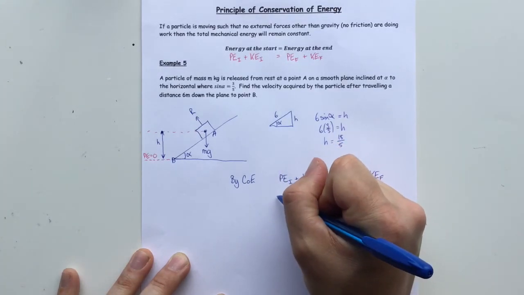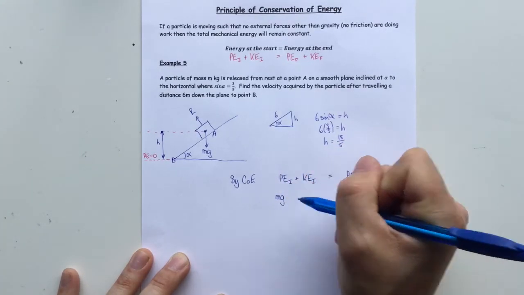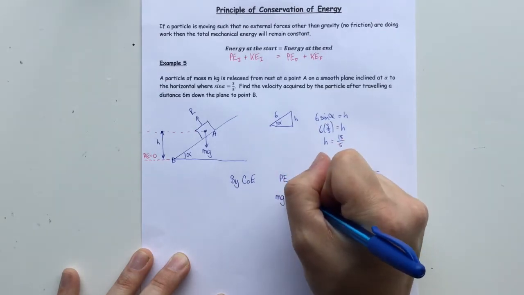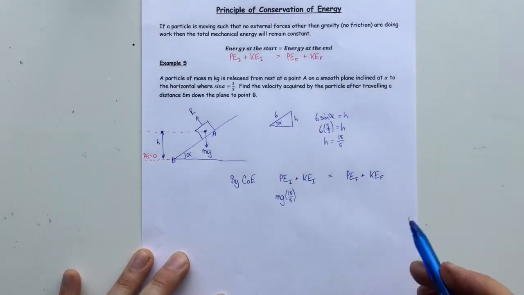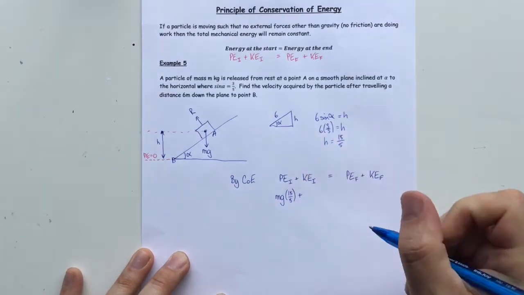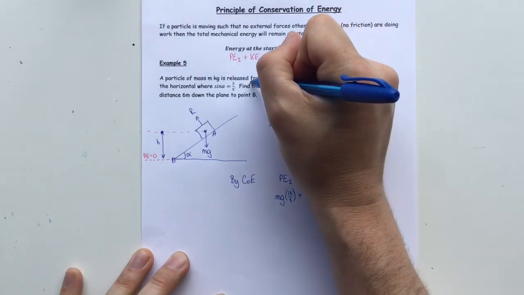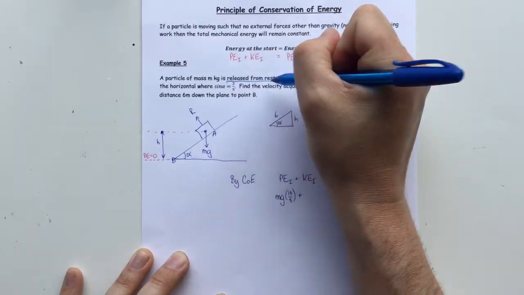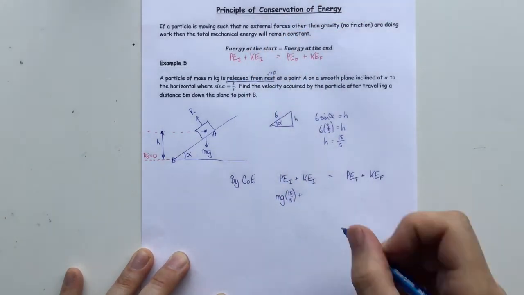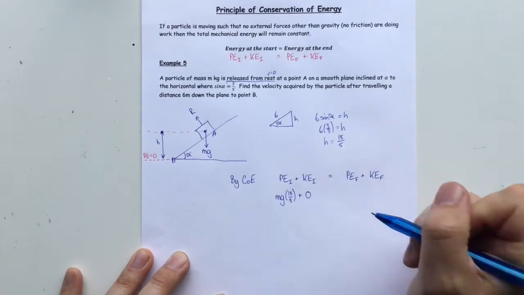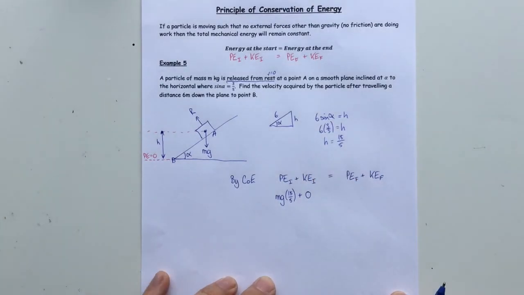So the mass is m, g we're going to put as g, h we now know is 18/5. The initial kinetic energy, a half mv squared, well, we're told that it's released from rest. In other words, its initial velocity was 0, and that means that its initial kinetic energy is also 0.